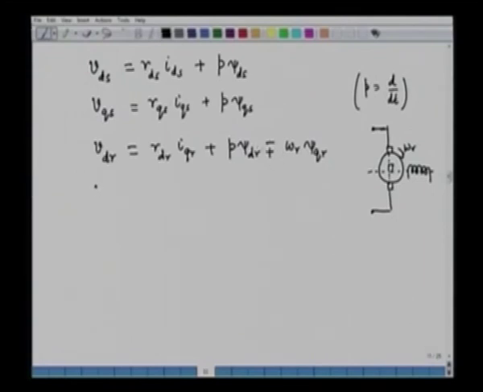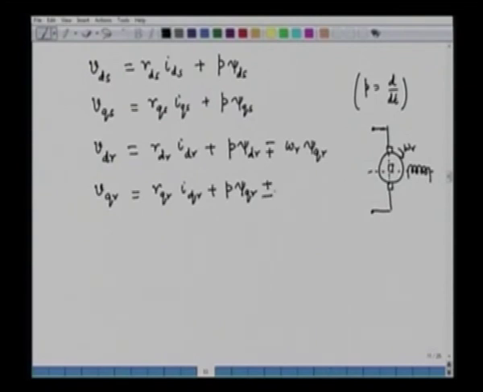Similarly, the voltage induced in the q axis rotor is given by VQR equal to RQR IQR plus P psi QR.